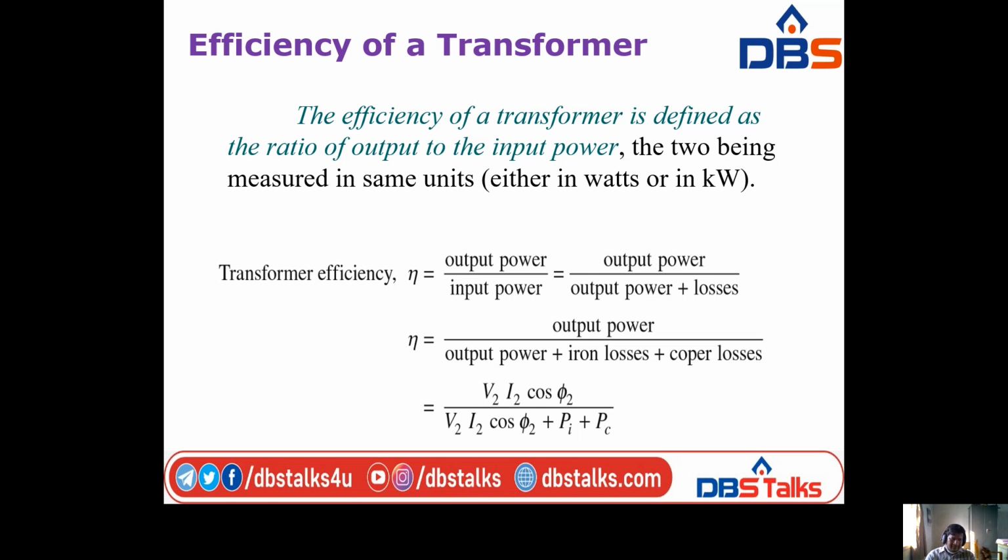That means we know the secondary values only, that means V2, I2, cos phi 2. Suppose referred to the primary, we know the primary values only, such that we know the values V1, I1, cos phi 1. So by using those values, we can express the efficiency of a transformer referred to the secondary as V2 I2 cos phi 2, that is the output power, divided by output power, again V2 I2 cos phi 2, plus iron losses Pi plus copper losses Pc.